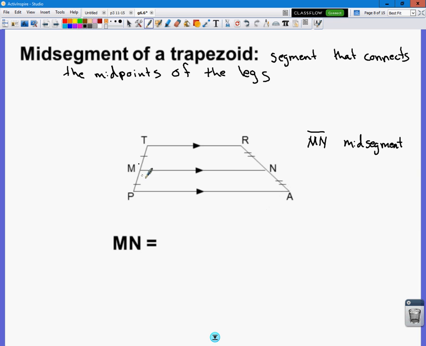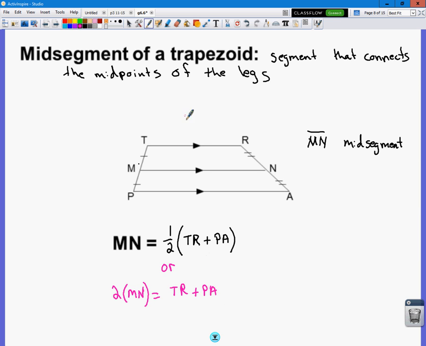A mid-segment of a trapezoid is equal to half the sum of the two bases, TR plus PA. There are some times when this formula is easy to work with. There are other times where you would be better off saying, if I take 2 times the mid-segment, in other words, if I put 2 mid-segments together, it would be equal to the sum of the two bases.